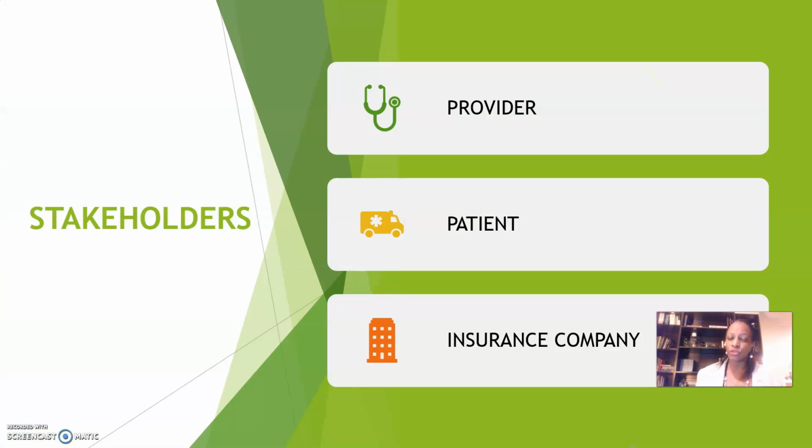Who are our stakeholders? Our stakeholders are the provider, the patient, and the insurance company. The provider's interest is the sole point and ease of access to improve patient care. The patient's interest as a stakeholder would be for safety and fear of compromise. And the insurance company's interest will be for the contract module and negotiation tool solely for reimbursement purposes.